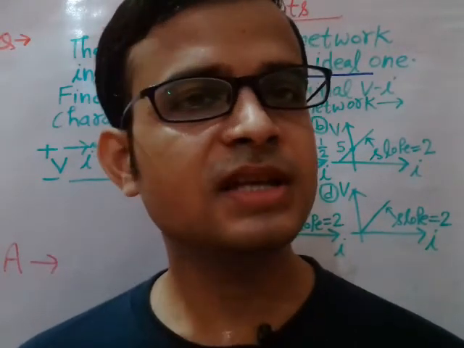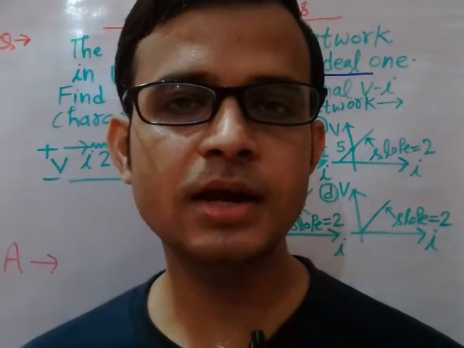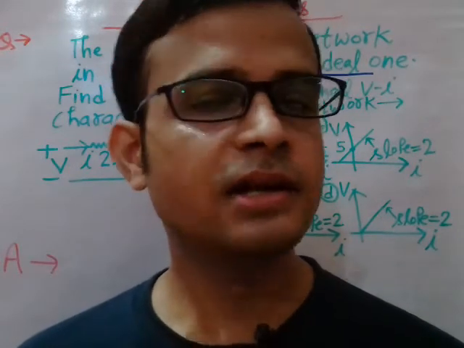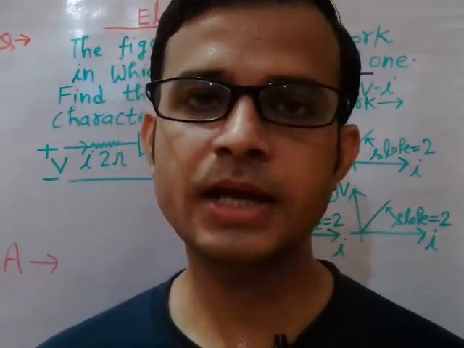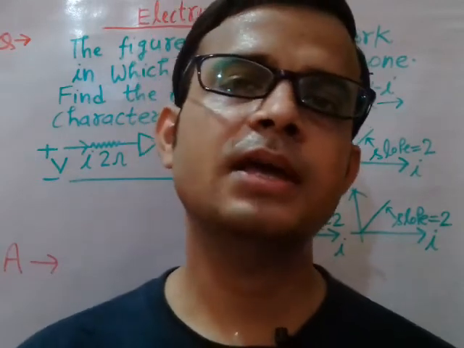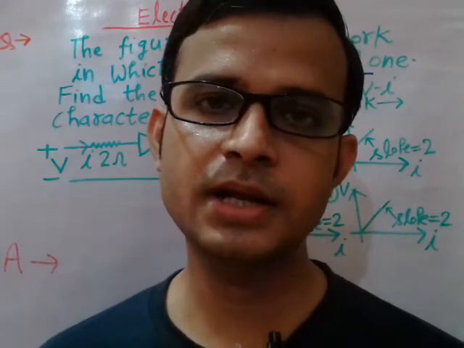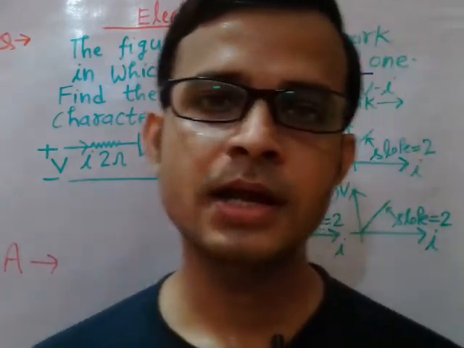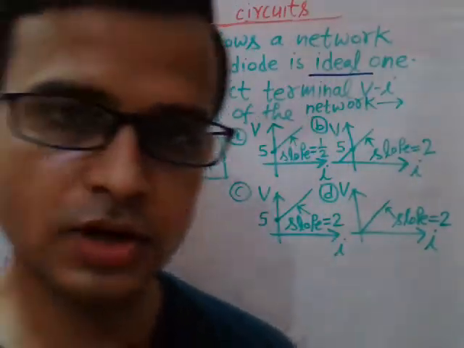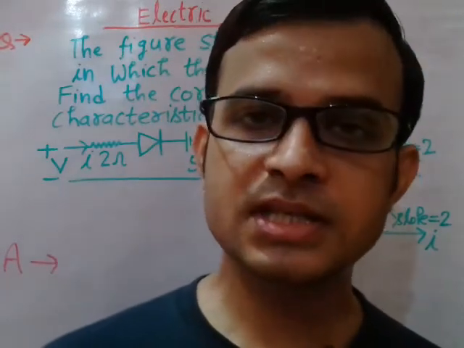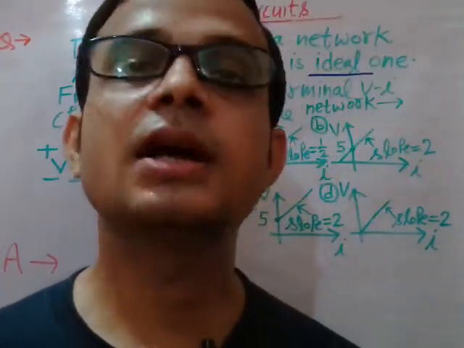But if it is an ideal diode, then its cut-in voltage will be 0. That means as soon as you apply a voltage, it starts conduction. It will be on immediately. So ideal means no cut-in voltage. Cut-in voltage is that voltage at which your diode starts conduction.